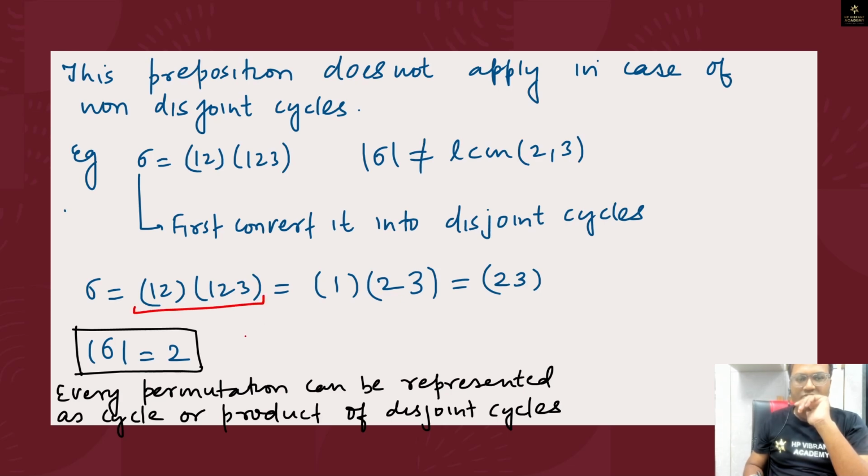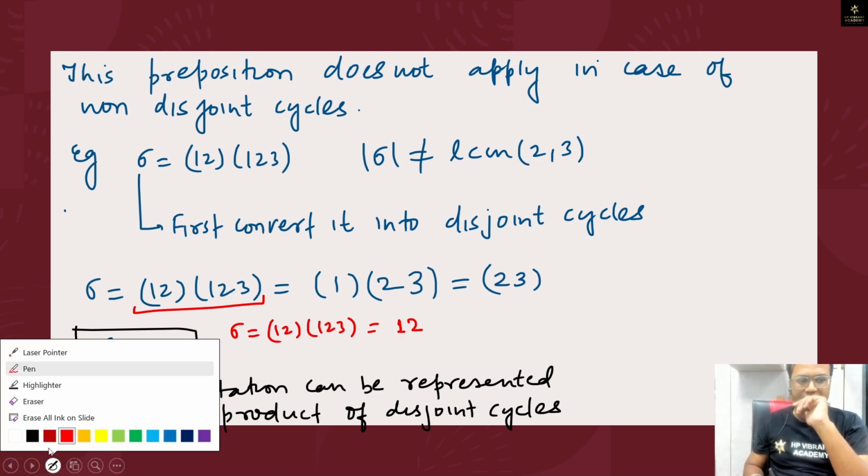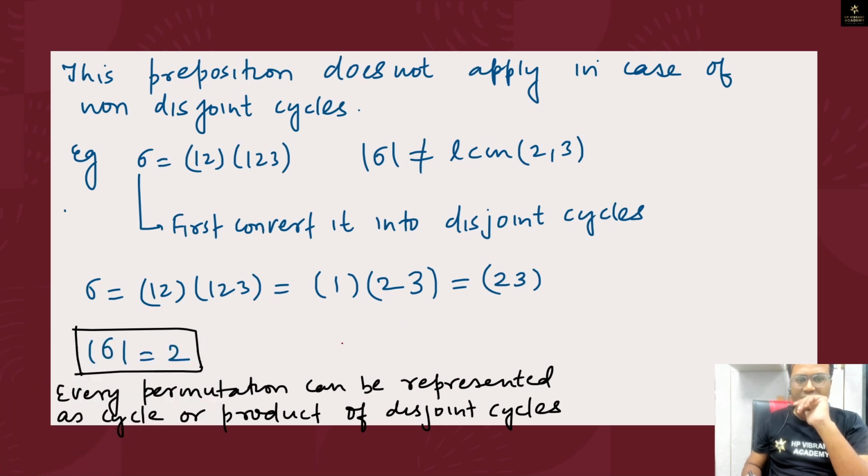तो इसको मल्टीप्लाई करो, सिग्मा इज इक्वल टू (1 2) टाइम्स ऑफ (1 2 3)। लेट अस डू द मल्टीप्लिकेशन। सो स्टार्ट फ्रॉम 1, so 1 goes to 2 and 2 goes to 1, so this is closed.